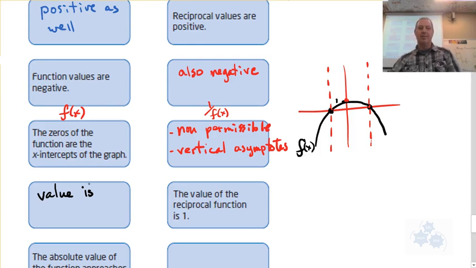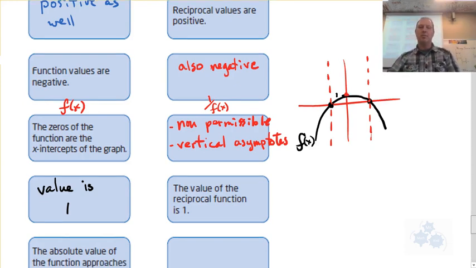Yeah, it's 1. That was supposed to be the easiest one, I think. If you've got y equals 1 on the reciprocal, remember 1 over 1 is still 1. So if you've got 1 on the reciprocal, it's 1 on the original. That's the easy one.